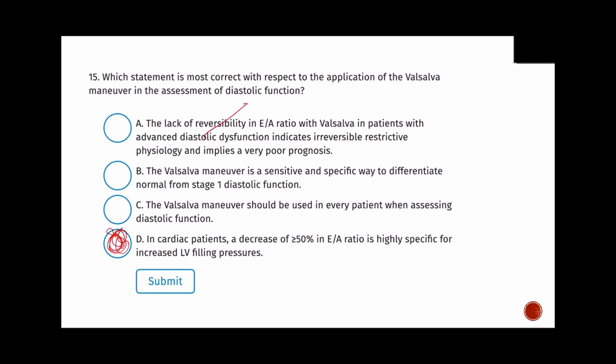Okay, so for a patient who has decreased left systolic function and your E to A, right, decreases significantly, those patients most often have grade 3 diastolic dysfunction.